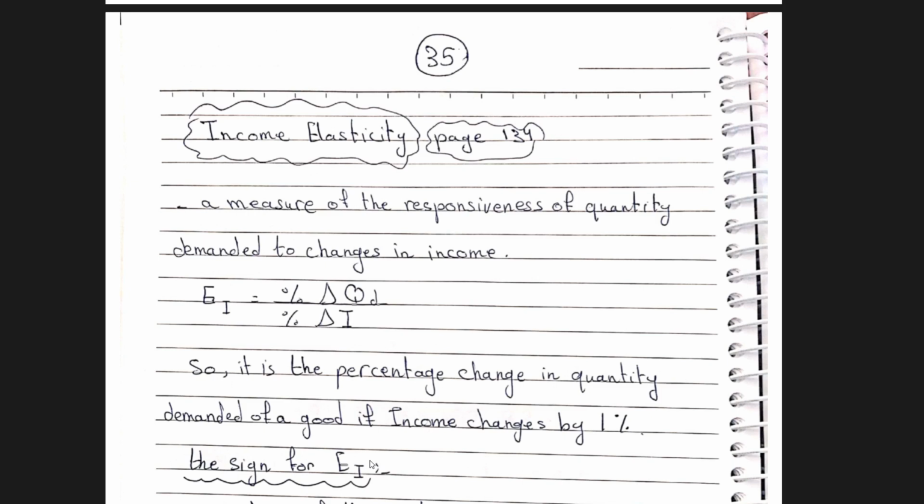Here for income elasticity, what do you think, guys? Will it have a negative or positive sign? Here also it depends on the good itself. If I'm talking about normal good, the sign will be positive. If I'm talking about inferior good, the sign will be negative.